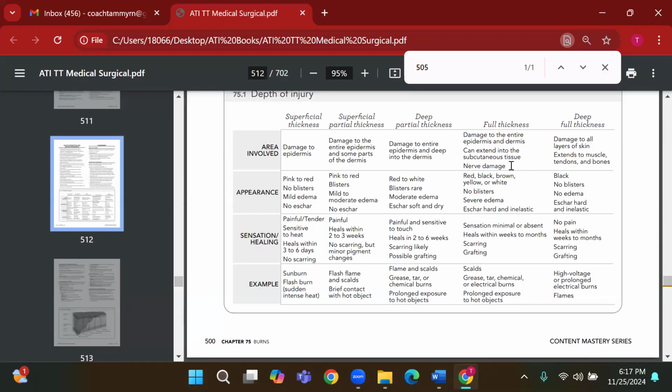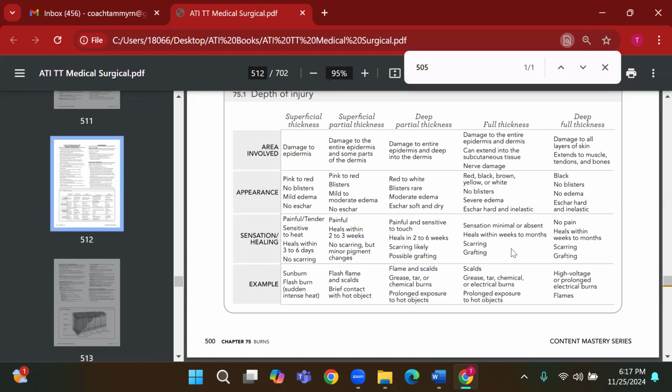And if you notice that full thickness burn, there's nerve damage. And so one of the things they like to ask is that you probably won't feel it, which is probably a blessing. You don't feel it because of the damage to the nerves. The skin can look red, black, brown, yellow, or white. No blisters, severe edema.